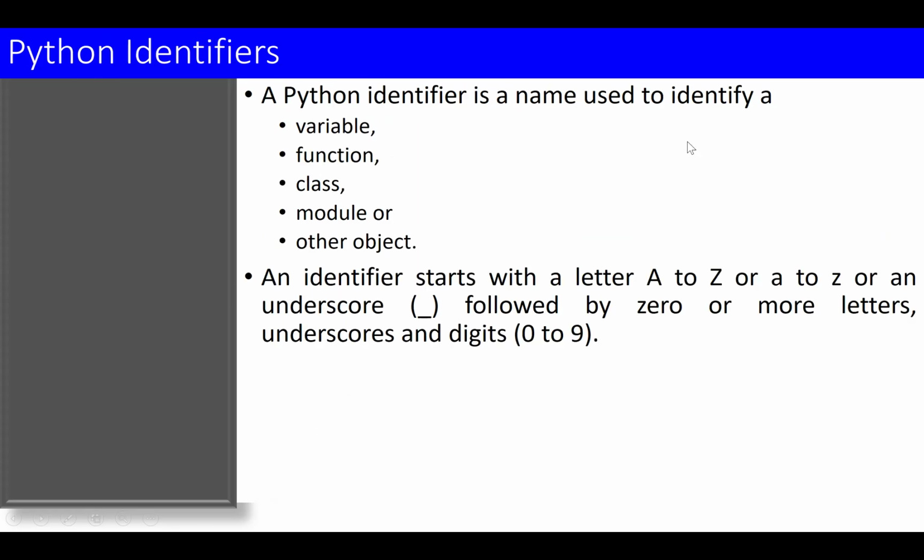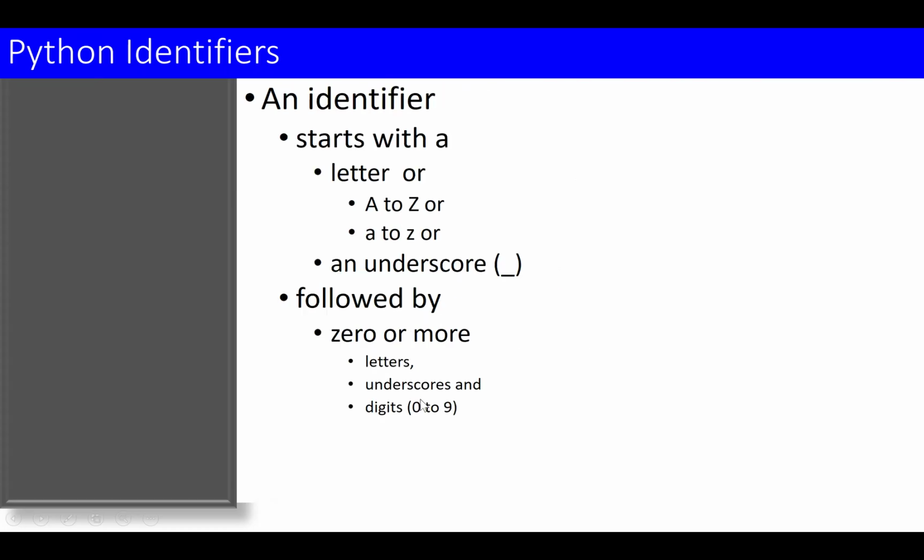So what is an identifier? It is the name used to identify a variable, function, class, module, or other object in Python. An identifier starts with a letter A to Z, capital or small, or an underscore, followed by zero or more letters, underscores, and digits 0 to 9.